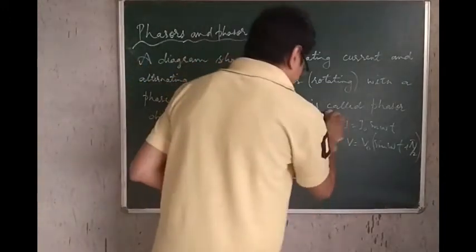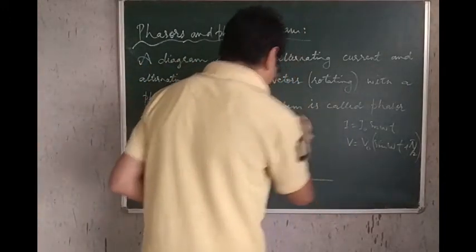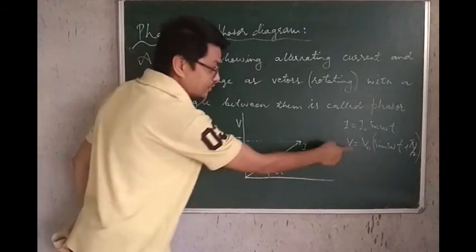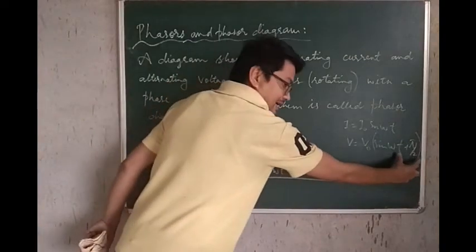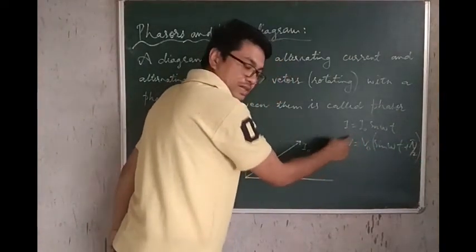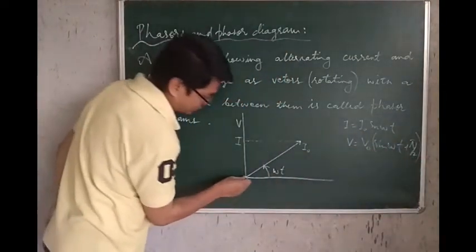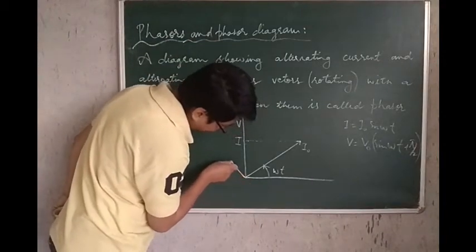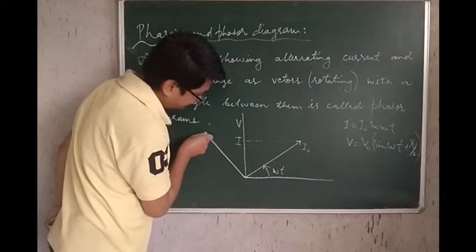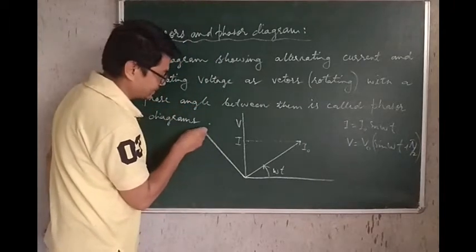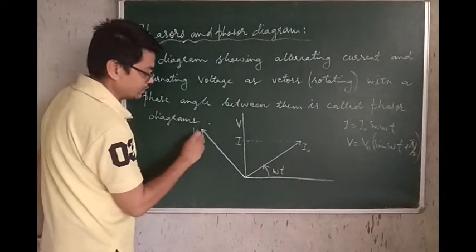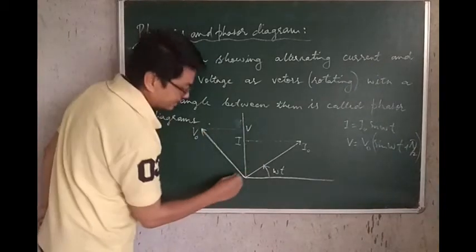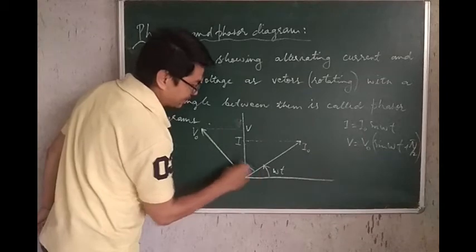If we are to draw a phasor diagram in this case, since the voltage is leading the current by a phase angle of pi by 2, that is a right angle, the picture could be like this. So this is your V0, and thereby this is your voltage, and this angle is, of course, pi by 2.